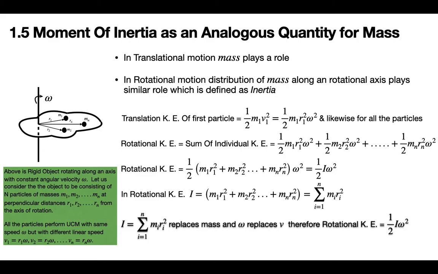This summation replaces mass, and omega replaces v in rotational motion. Therefore, rotational kinetic energy is equal to half I omega square.